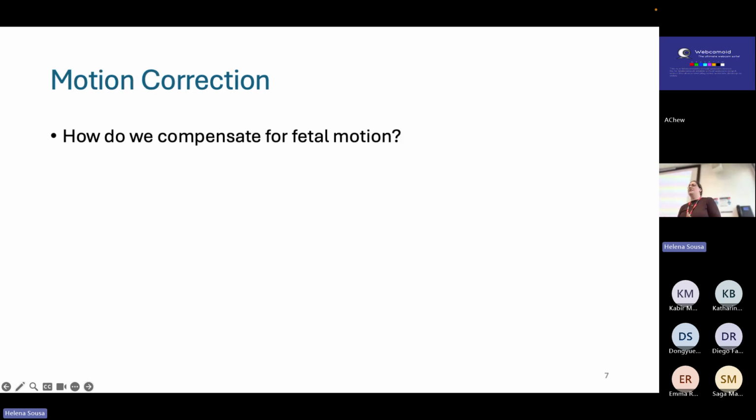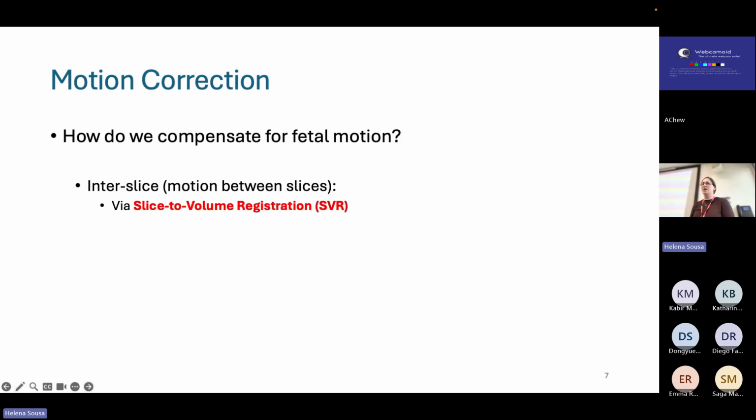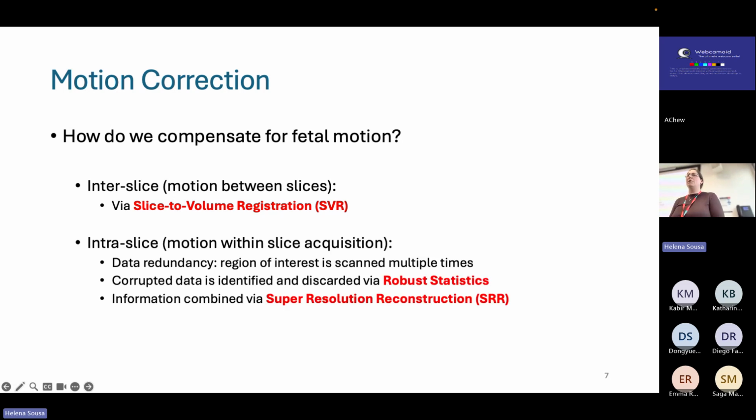So how do we compensate for this fetal motion challenge? Interslice, so the motion that happens between each slice capture, we compensate for this using a technique called slice to volume registration, which we're going to talk about. But also some motion may happen within the slice capture, so intraslice motion. And one of the things we do is data redundancy.